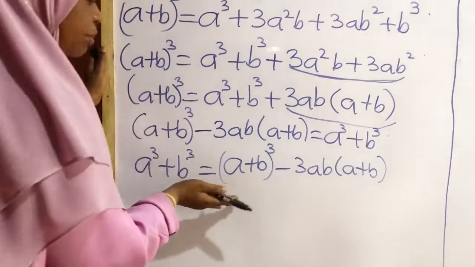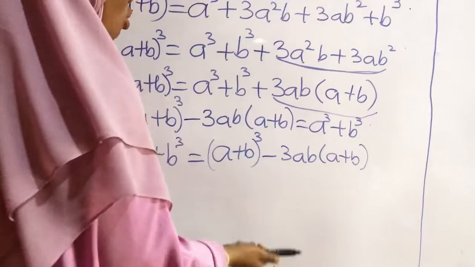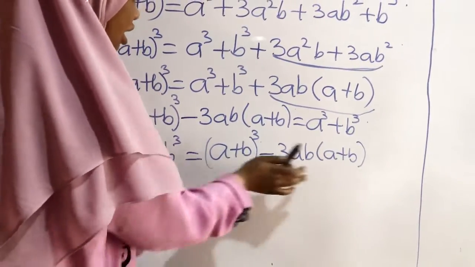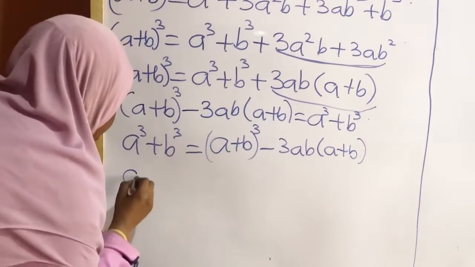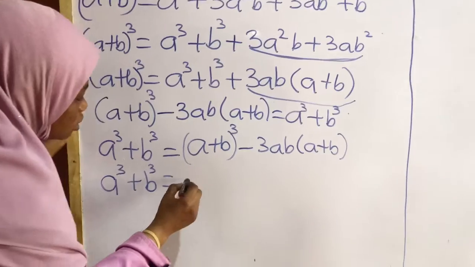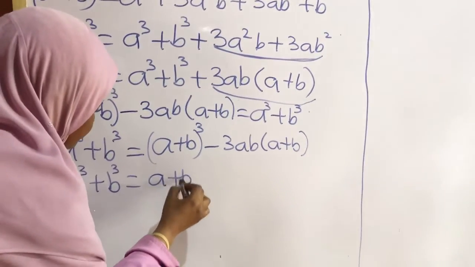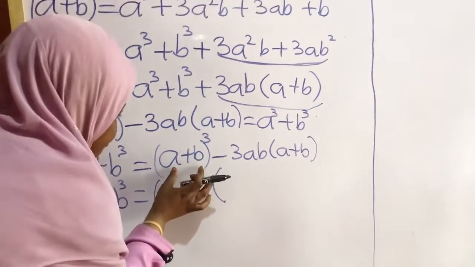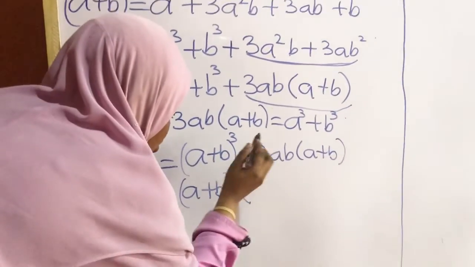So from this expression in the right hand side, we can factorize a plus b out since they're having it in common. So a cubed plus b cubed will now be equal to a plus b into big brackets. So this one will leave a plus b squared for me.